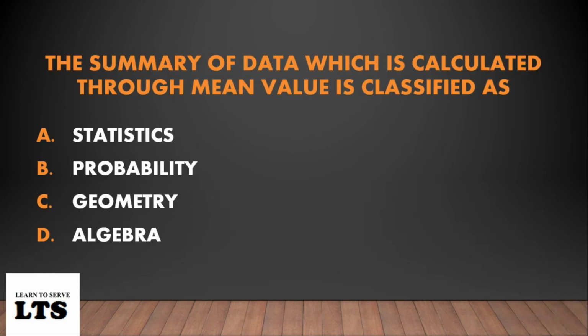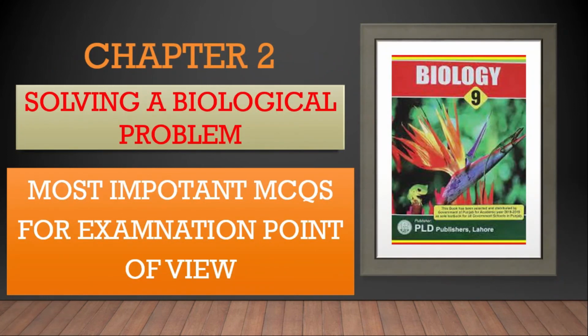Next one, the summary of data which is calculated through mean is classified as option A statistics, option B probability, option C geometry, option D algebra. The answer is option A, statistics.